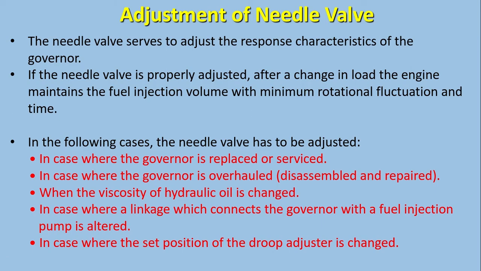So if there is any change in load, then the fuel rack or the fuel lever of the governor will change the fuel lever to maintain the engine speed. So the purpose of this needle valve is taking the engine to that specified set speed with less fluctuation and in minimum time.